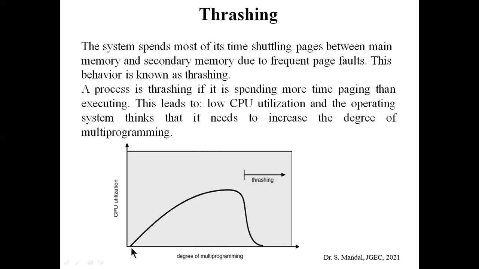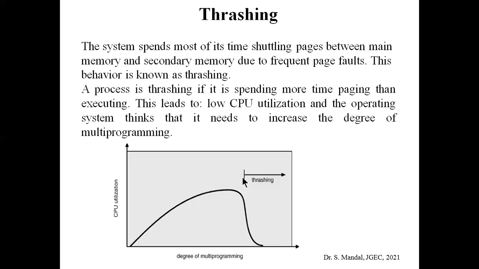You can see that as we gradually increase the degree of multiprogramming, CPU utilization gradually increases. But after some time, when there are lots of processes, we need to do paging more frequently.